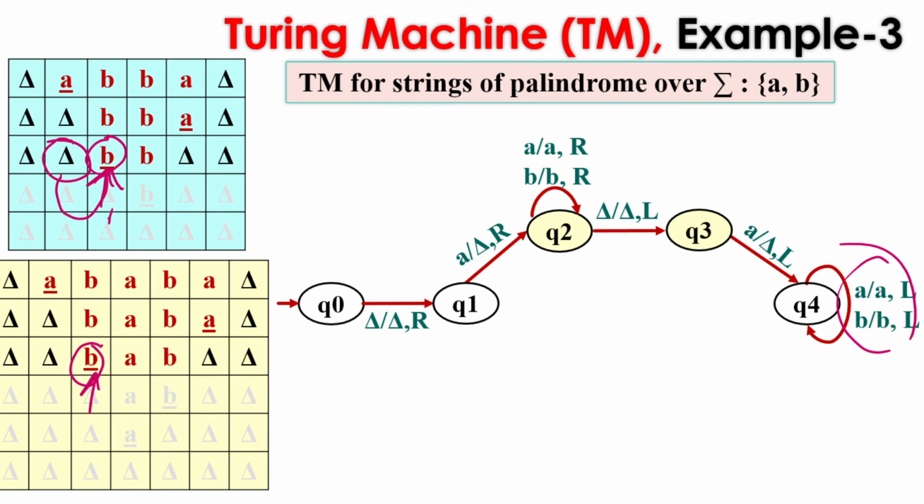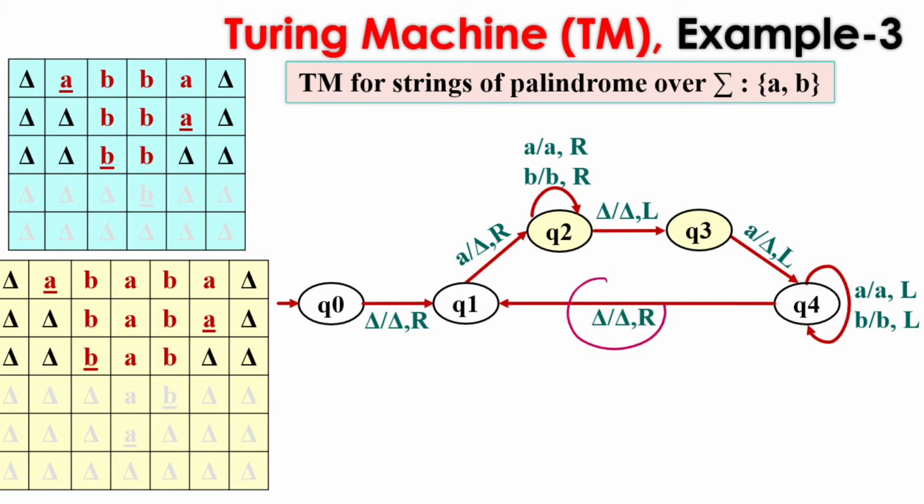Because this loop can end at a blank only, from that blank we will be taking a right. So here is the corresponding transition, and from this blank we have taken a right, and from this again we are at Q1 and we can restart the complete process.